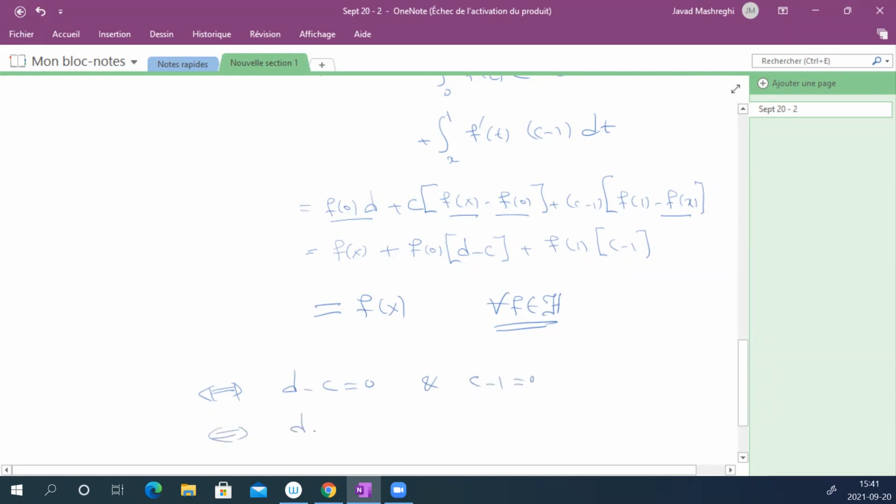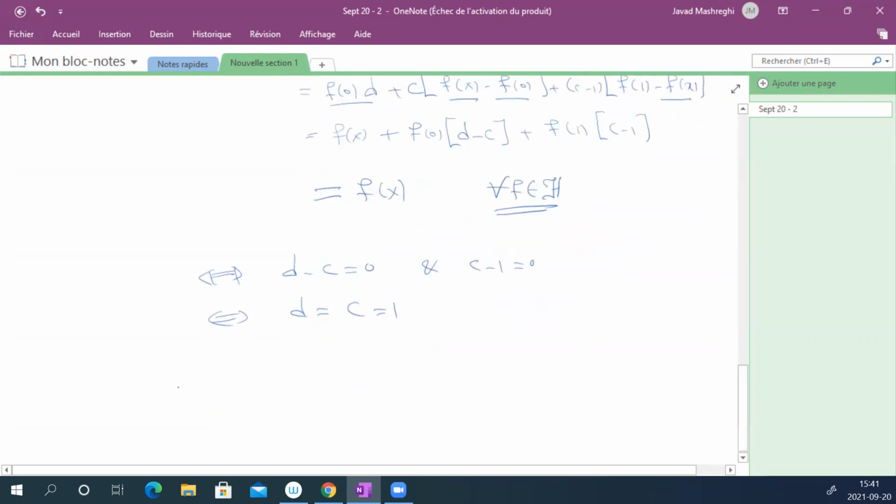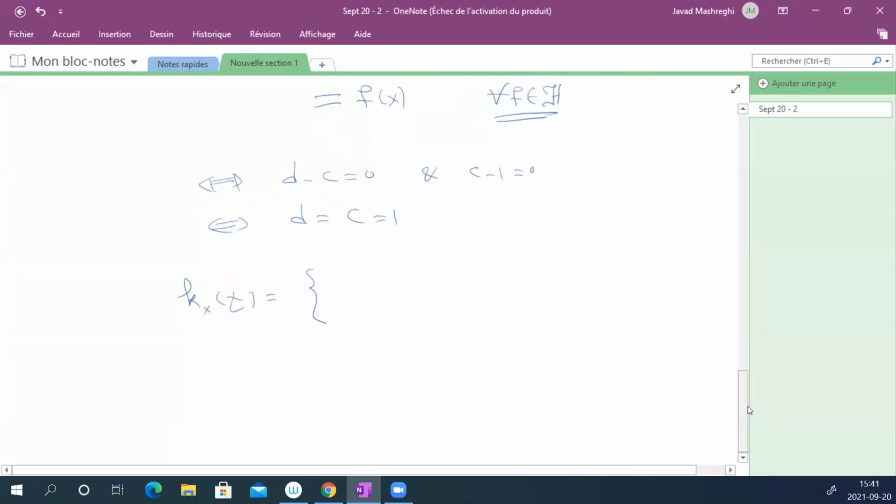So in other words, d equal to c equal to 1. And in this case, that's the k we are looking for. K is equal to t plus 1 if t is less than x, and if t is bigger than x, is x plus 1.